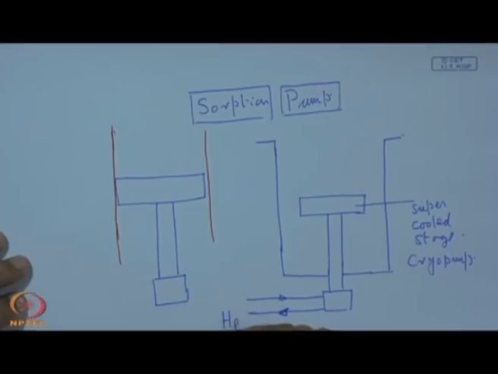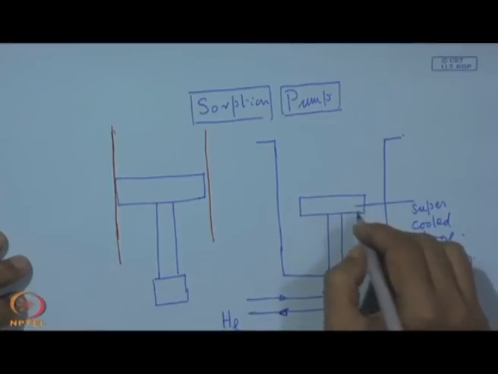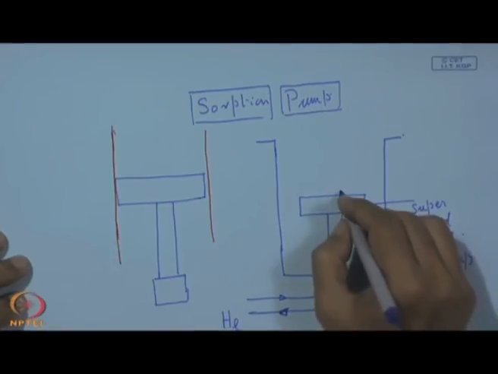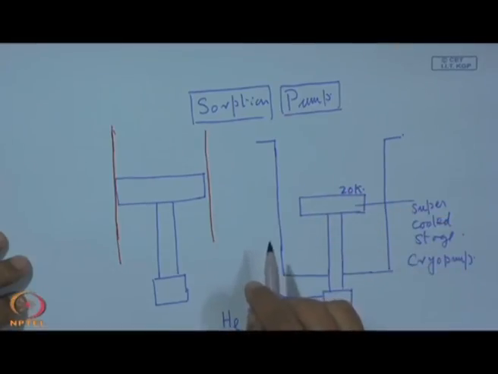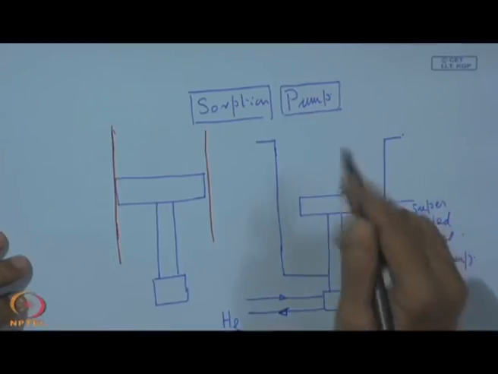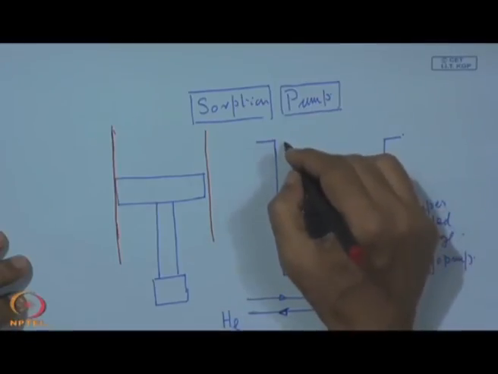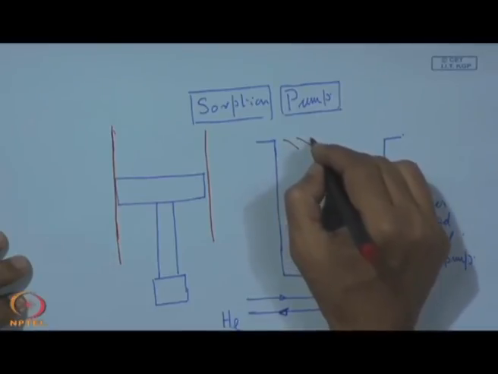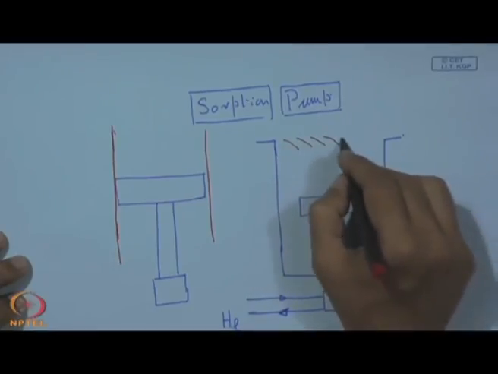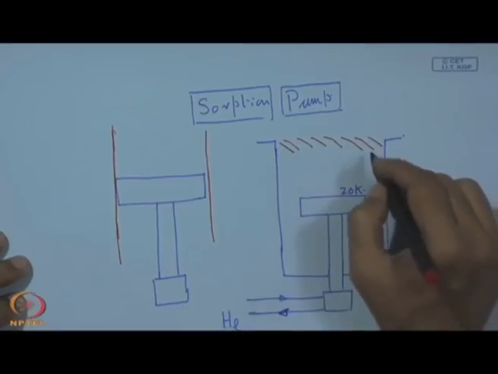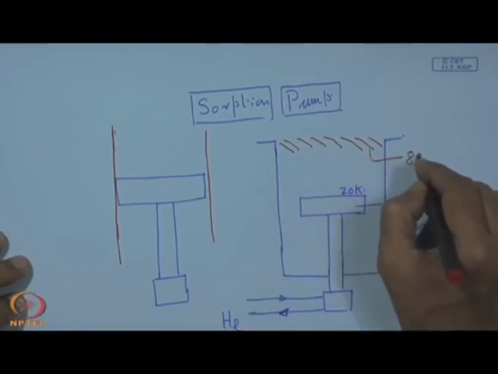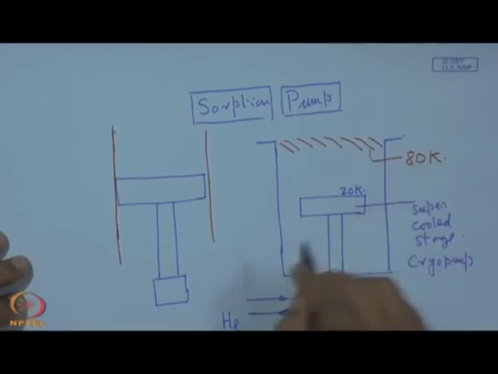It is He, and the temperature kept on this surface is 20 Kelvin. And here we have some condensing arrays of metal plates, the condensing array, which is kept at about 80 K.